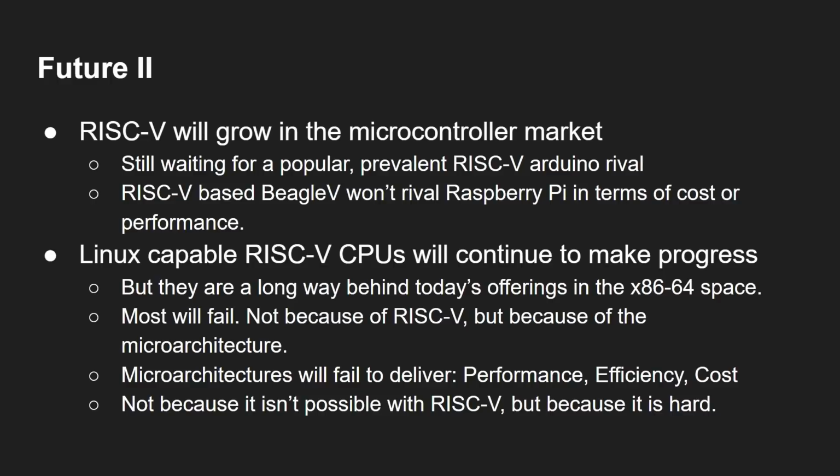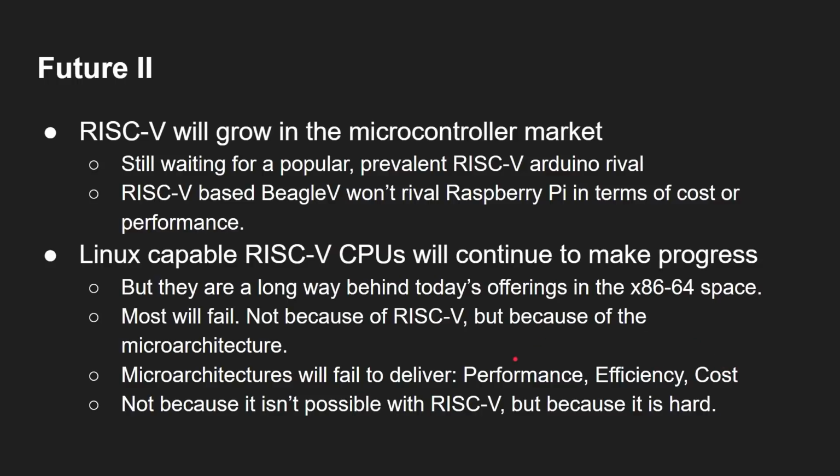We will continue to see the launch of RISC-V processors that are capable of running Linux. They will be way behind the offerings from x86 and from Intel and from AMD. Some of them will fail, and they will fail not because of RISC-V, but because of the microarchitecture, because it's hard to build a chip that has the performance and the efficiency and the cost.